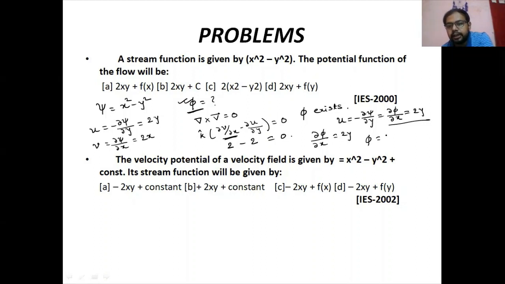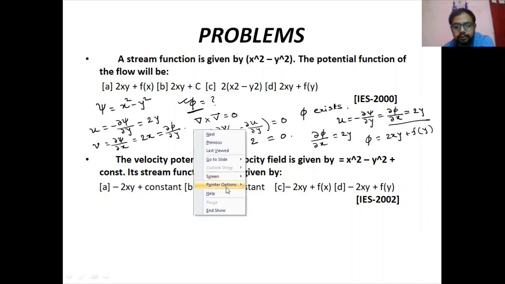Phi is equal to 2xy plus a function of y. Now the second equation, the v. So v is equal to d psi by dx is equal to d phi by dy. If you perform this d phi by dy, what will it come to?